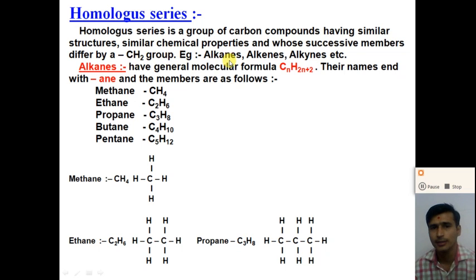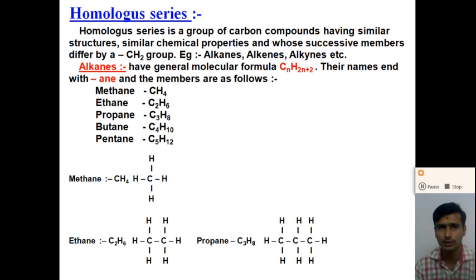For example, alkane, alkene and alkyne. Here, the carbon compounds in the alkanes have a similar structure, those in the alkenes have a similar structure, and those in all the alkynes have a similar structure, right?